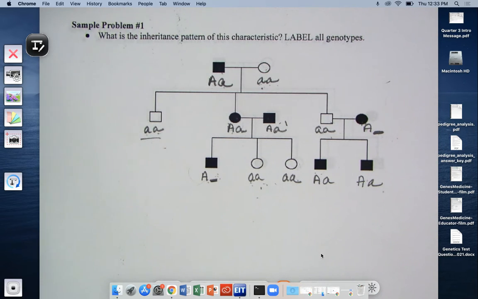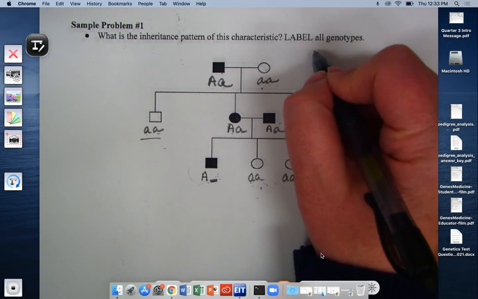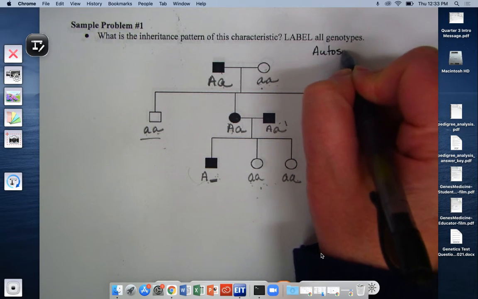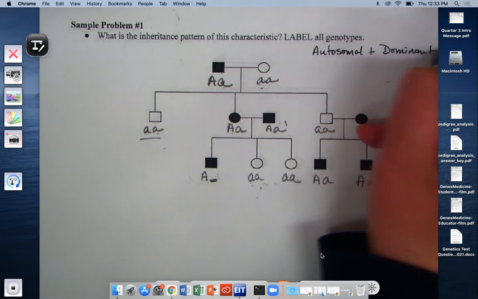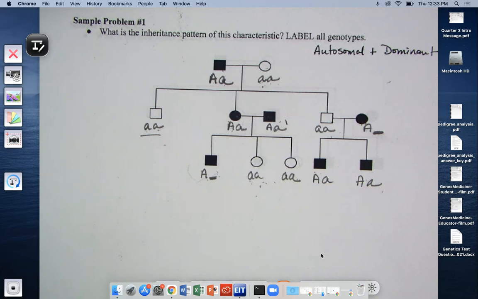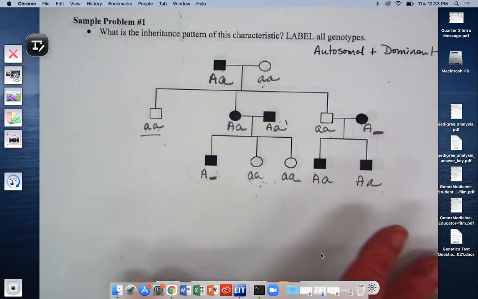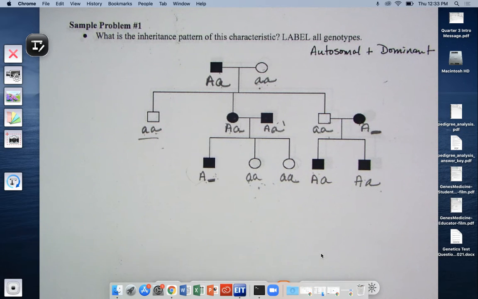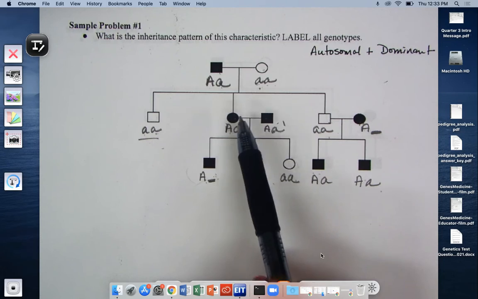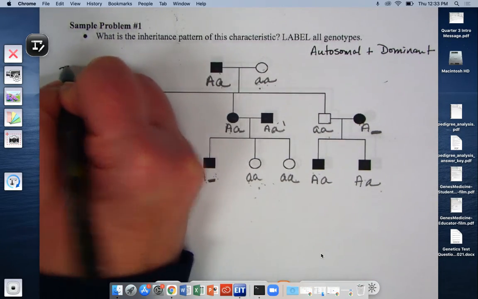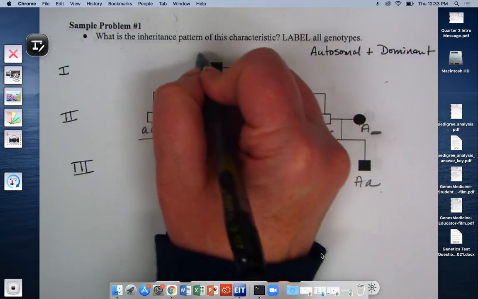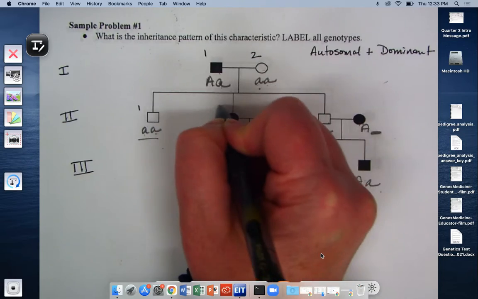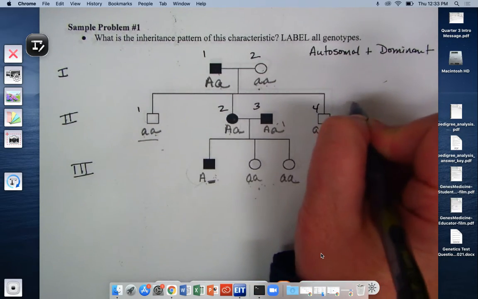In sample problem 1, we decided that this was autosomal and dominant. So you'll be filling this out, and then I will be asking you problems on the worksheet. On your practice, this is not labeled, but I can easily label these, and you can do it too.